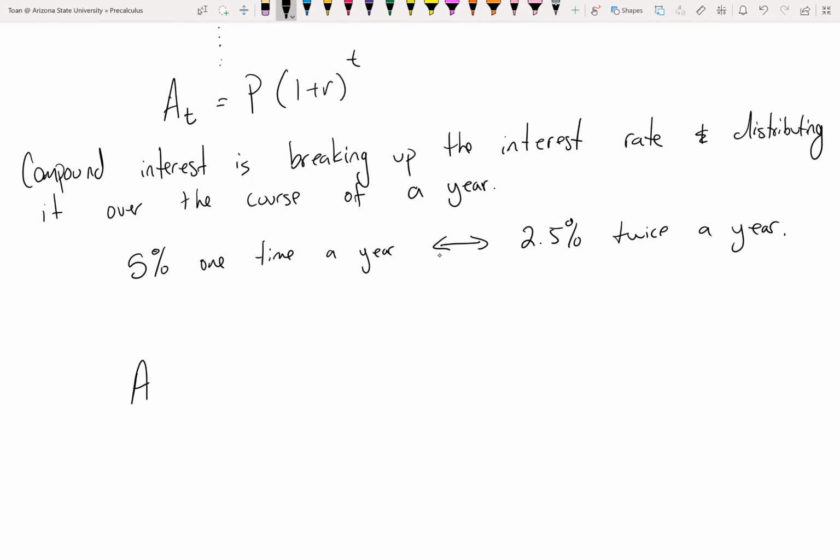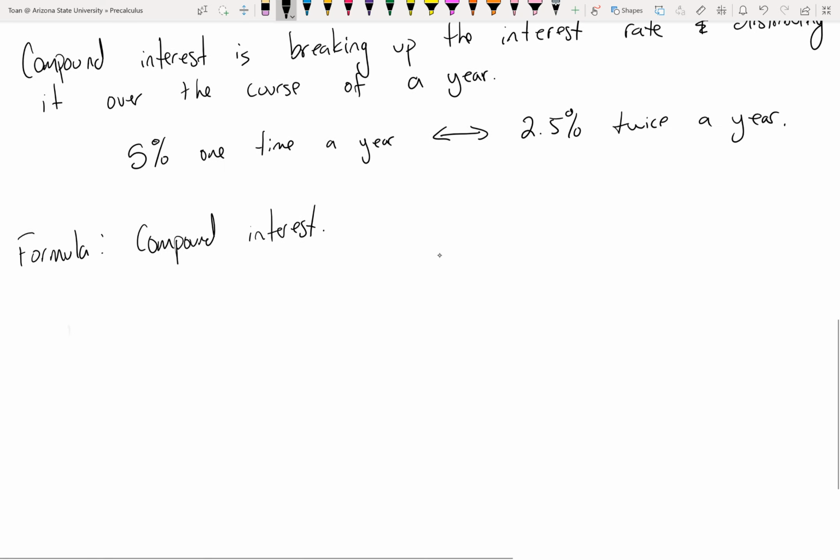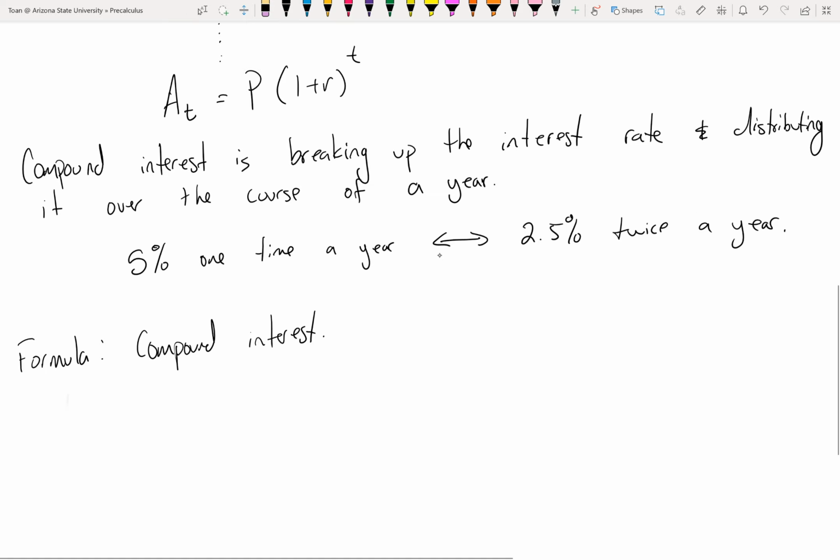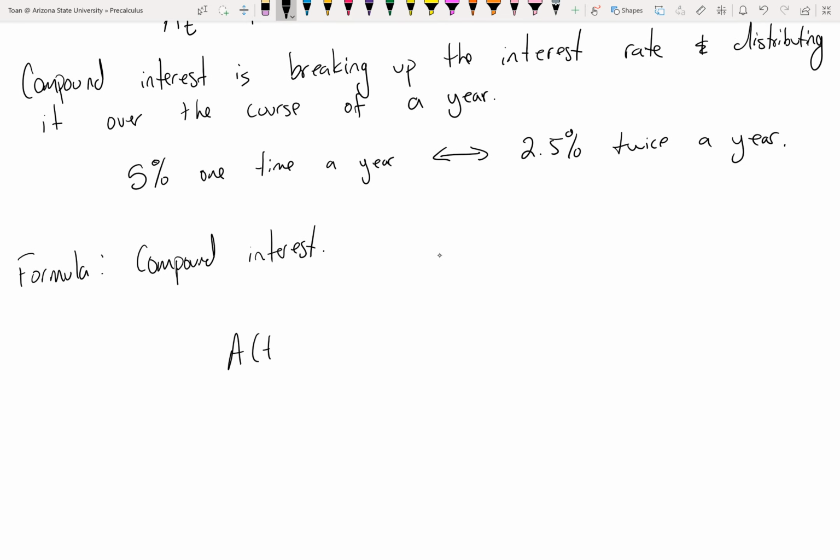All right, so this is a compound interest formula. The formula goes from this guy here to this guy here. And I'll write it in function notation. The amount of interest I receive in any given year is the initial amount I invested times 1 plus r over n.